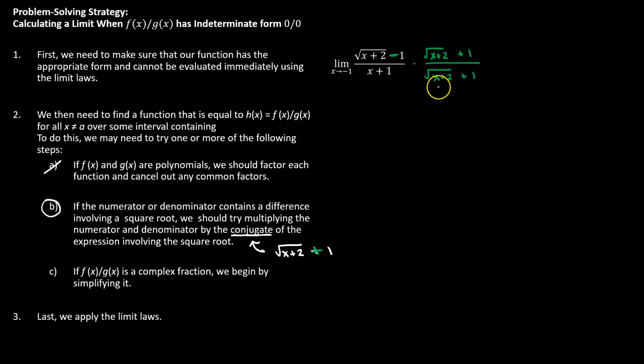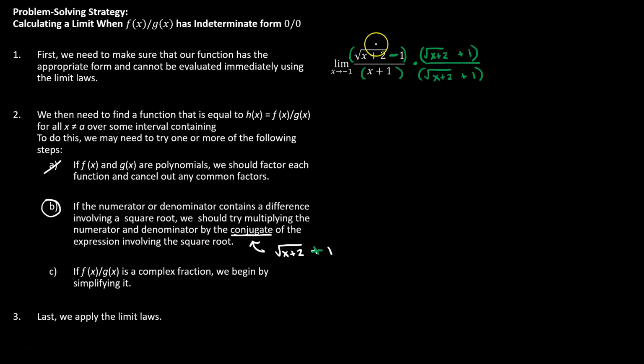And when we write it out, we should be very careful to make sure that the entire numerator is multiplied by the entire conjugate, as well as the entire denominator is multiplied by the entire conjugate. Parentheses is the best way to illustrate that.